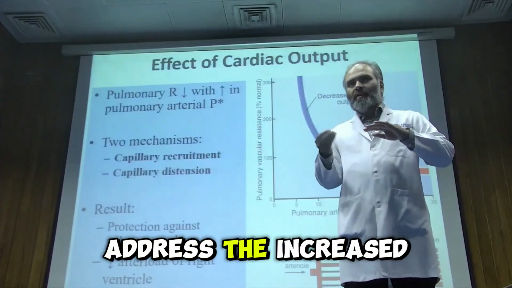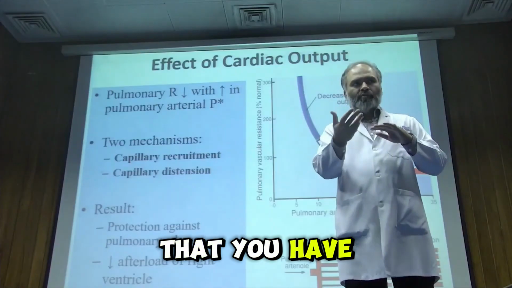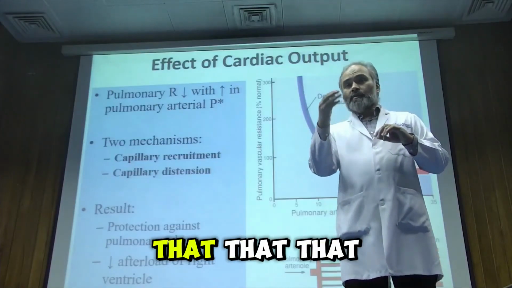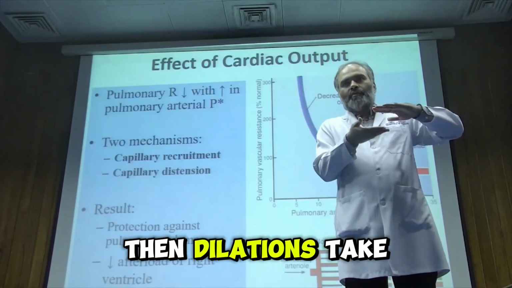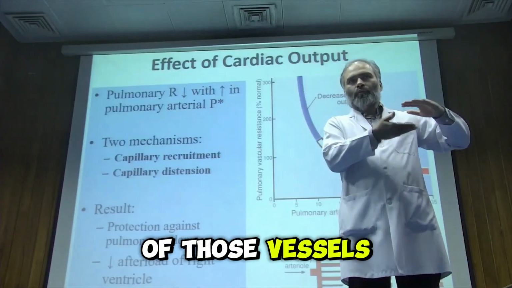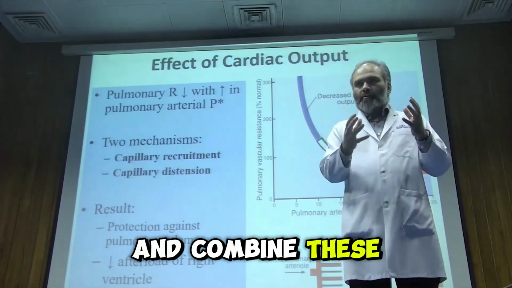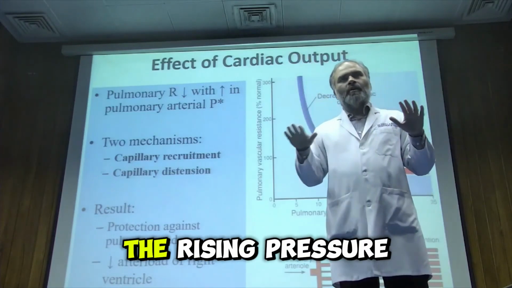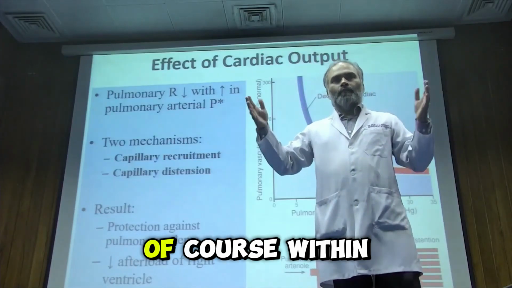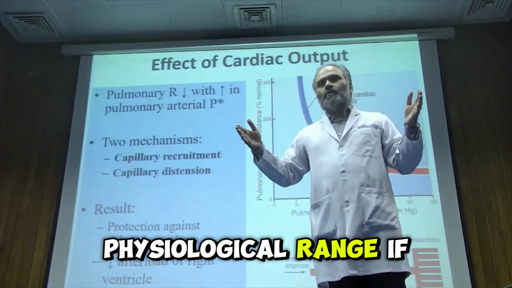That would then address the increased blood pressure that you have just introduced. Even if that doesn't solve the issue, then dilation takes place in all of those vessels. Combined, these two things, recruitment and distension, take care of the rising pressure, of course within the physiological range.